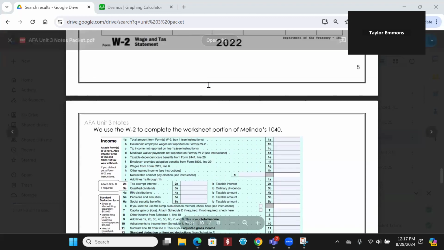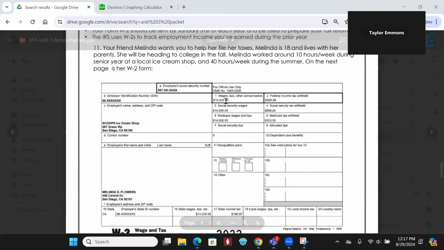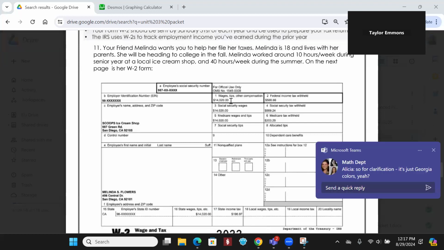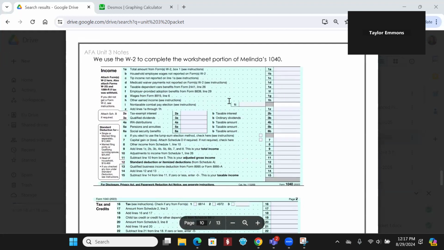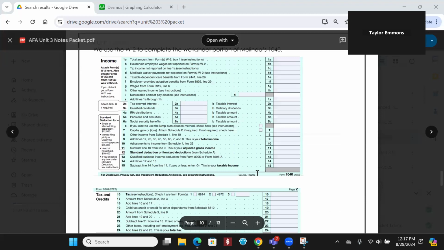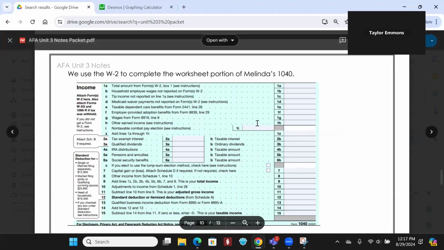So we're going to go back here. What's in box 1? Yeah. That number that's right there, we're going to put on this line where it says 1A. So we're going to write that in right there. 14,020. Good so far.